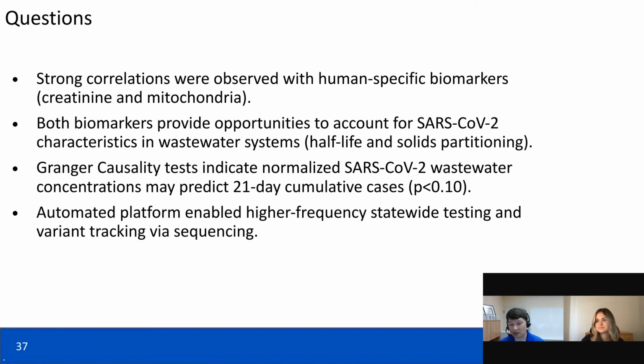And so, again, expanding beyond SARS-CoV-2, a lot of these tools are usable in other infectious diseases. And so we'll be using these tools to both monitor and then also suggest improvements in infrastructure systems across the state of Kansas. Great, thank you.